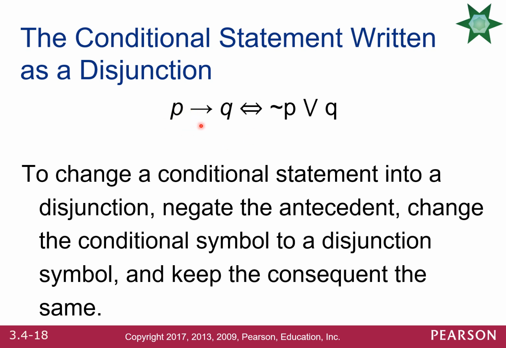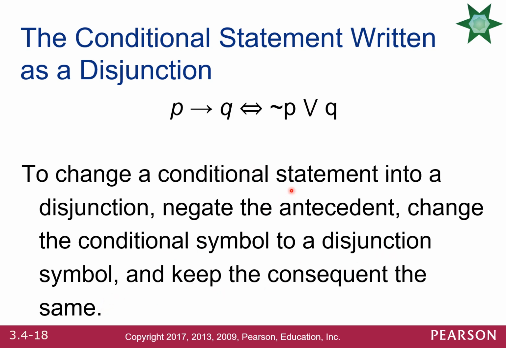So we can take a conditional statement which is if P then Q and write an equivalent disjunction statement, and the form of that disjunction is the negation of P, so not P or Q. To change a conditional statement into a disjunction, negate the antecedent, change the conditional symbol to a disjunction symbol, the or symbol, and keep the consequent the same.